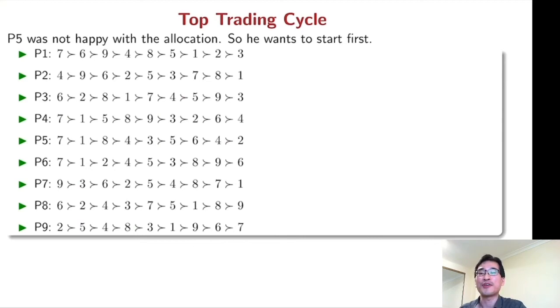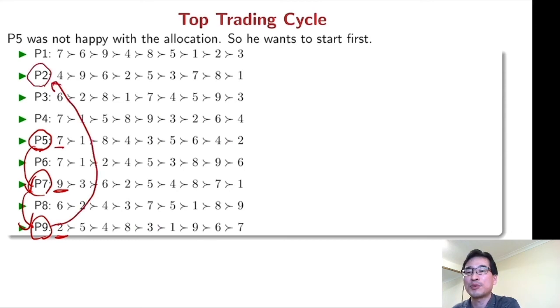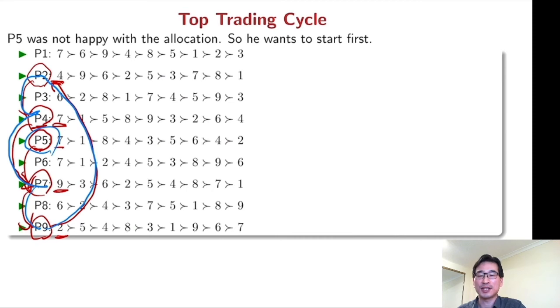You may think the order might matter. So for instance, Professor 5 wasn't happy with this allocation, so he wants to start first. So let's go for Professor 5 first. So he points to 7, and 7 to 9, 9 to 2, and 2 to 4, and 4 to 7. And we have a cycle. Five is not part of the cycle again.